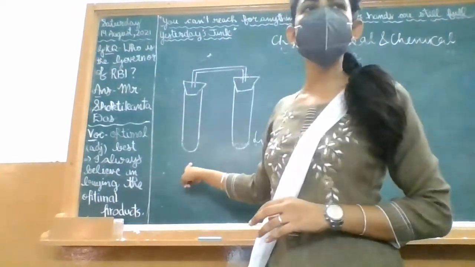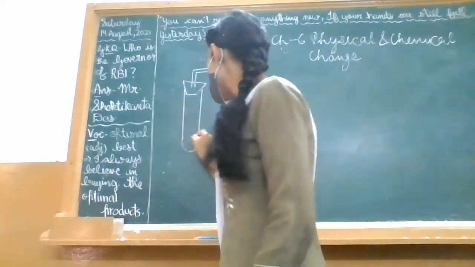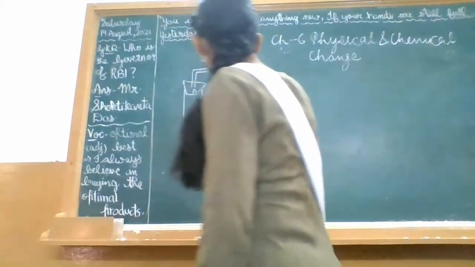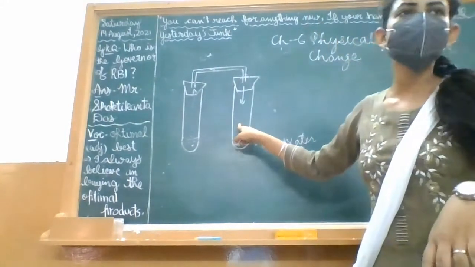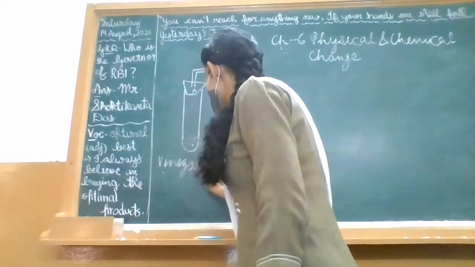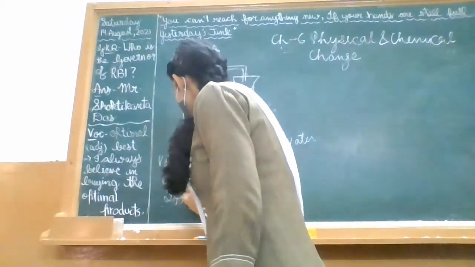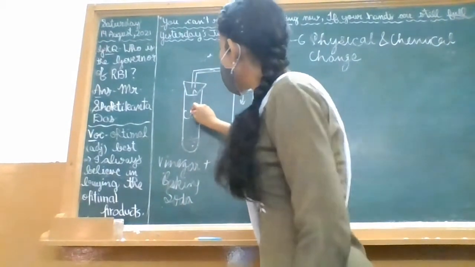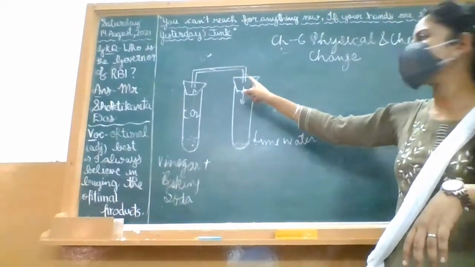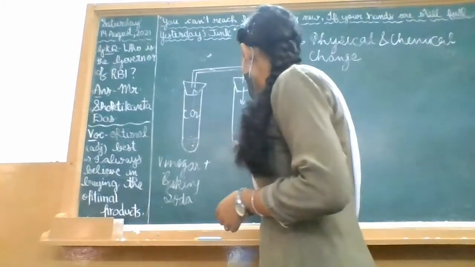Okay, in this first test tube there is baking soda and vinegar. It will produce carbon dioxide, and the bubbles will go through this delivery tube and pass to the second test tube, which contains the lime water.